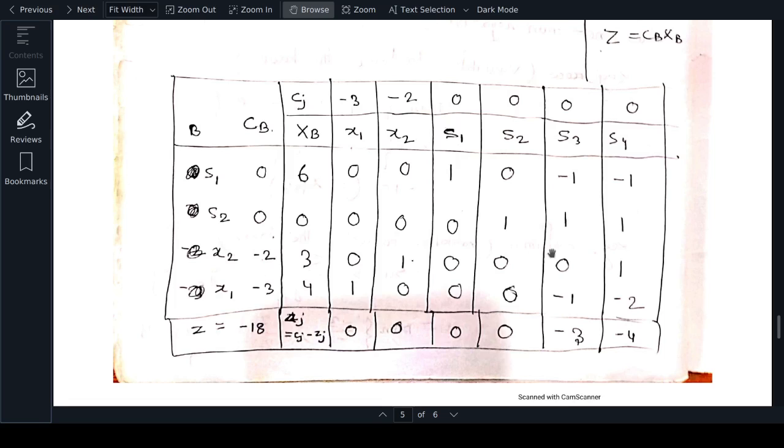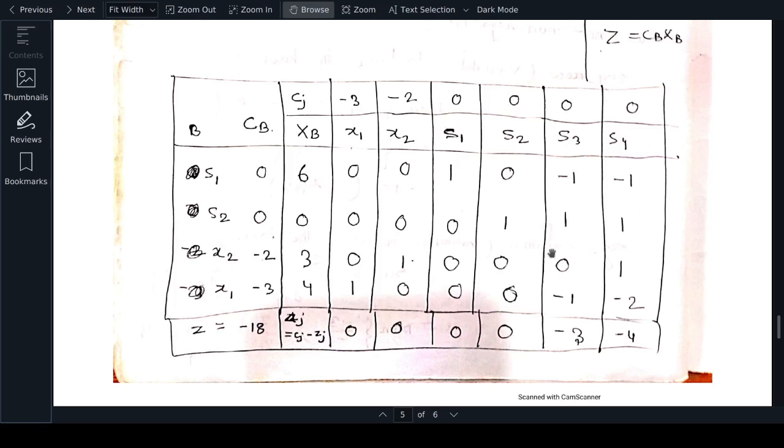Therefore all Cj minus Zj are less than or equal to 0, and the solution values are also positive. Hence the optimal feasible solution of the given linear programming problem is x1 equal to 4, x2 equal to 3, making z equal to -18.